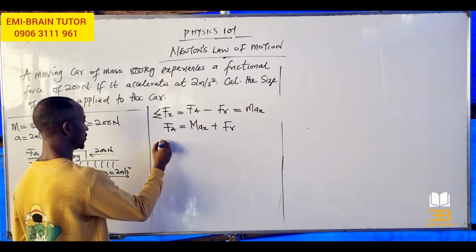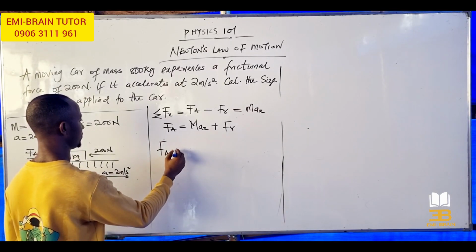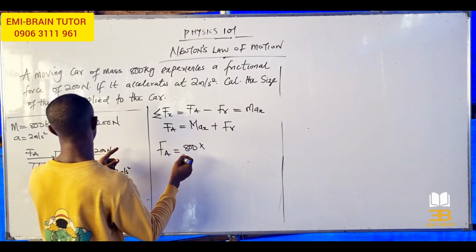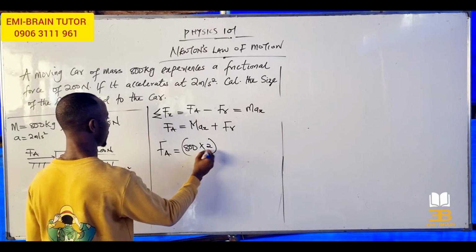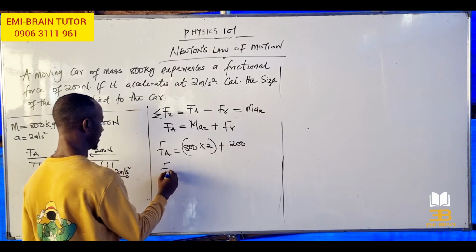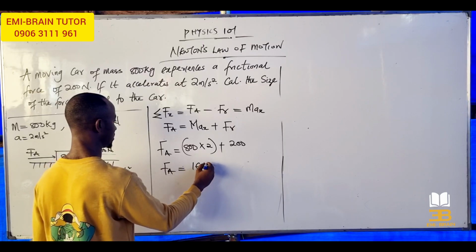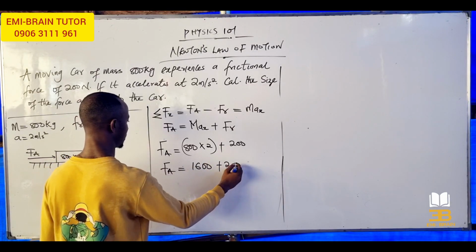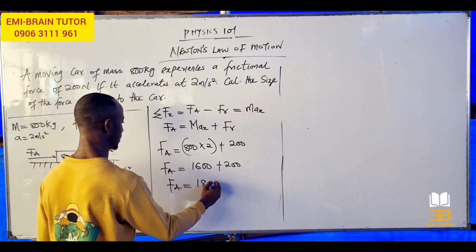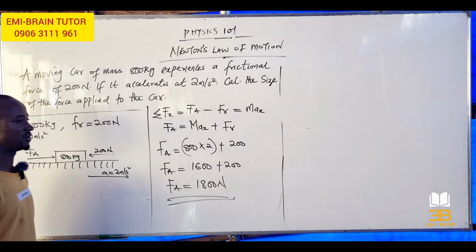Already we are told that the mass of the body is 800 kilograms. So here we have 800 times the acceleration, 2 meters per second squared, plus the frictional force, 200 Newton. So the applied force becomes 800 times 2, which is 1,600, plus 200. So the applied force becomes 1,800 Newton. This is the applied force on the body.